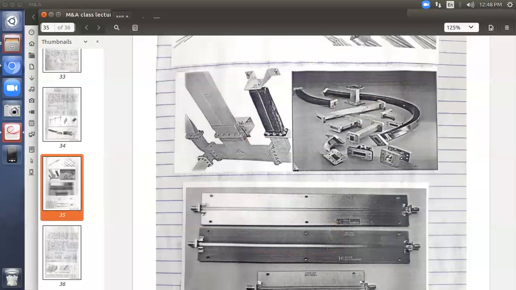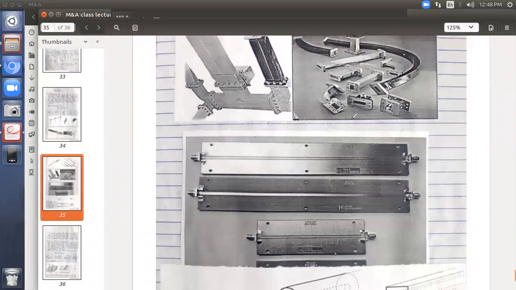We call them waveguides and strip lines. Somebody may ask you, in the communication part, which transmission line is used for microwaves? You should not answer open wire or coaxial or optical fiber, because they will have excessive losses if you use them. That's why at microwave frequencies, waveguides and strip lines are preferred.